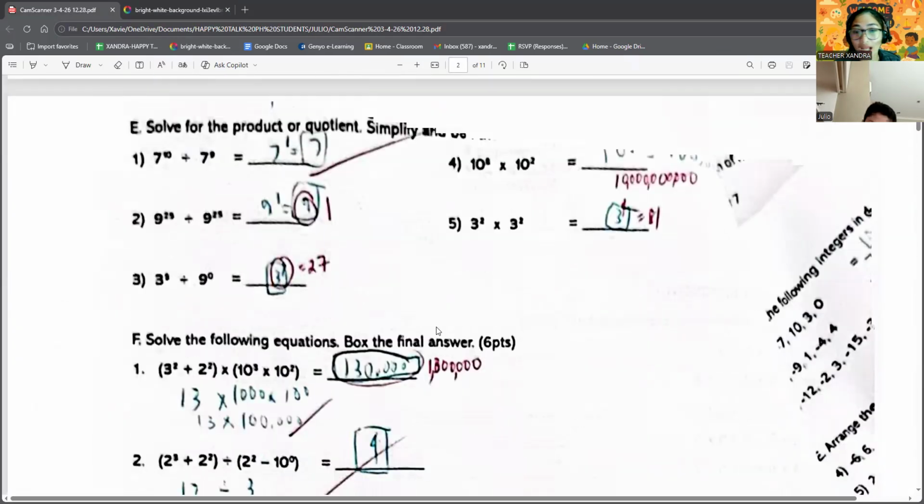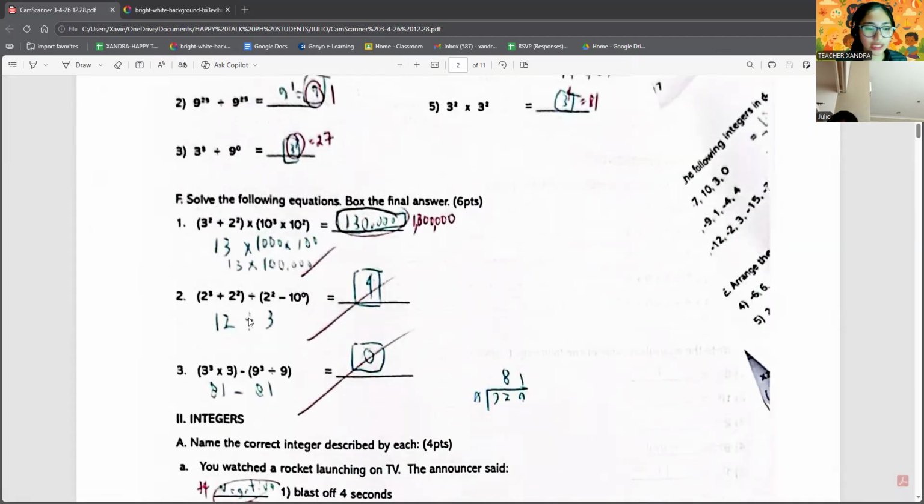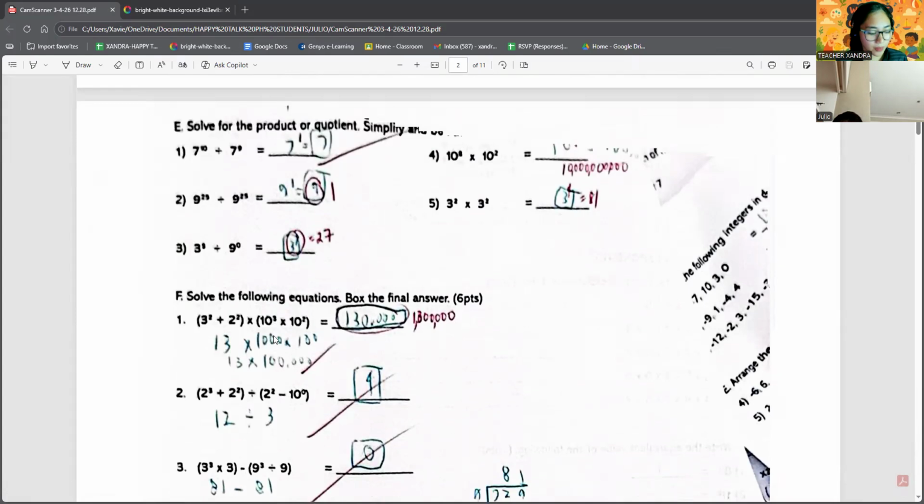It's multiplication and division. So this is set E, letter E and letter F. Okay. So let's discuss this again. Let's review this one. So this part introduces you to the understanding of exponents. Okay.